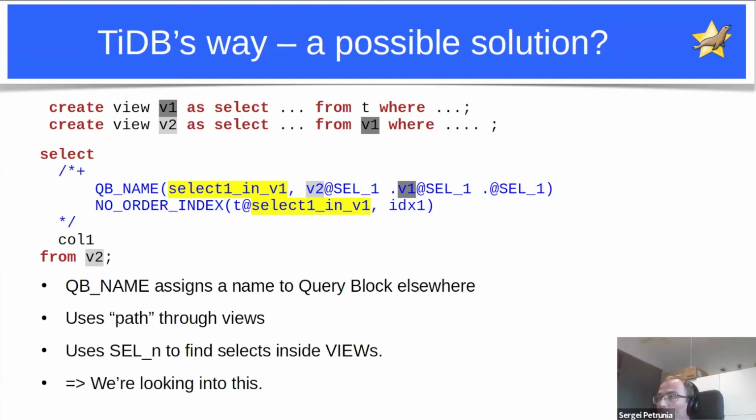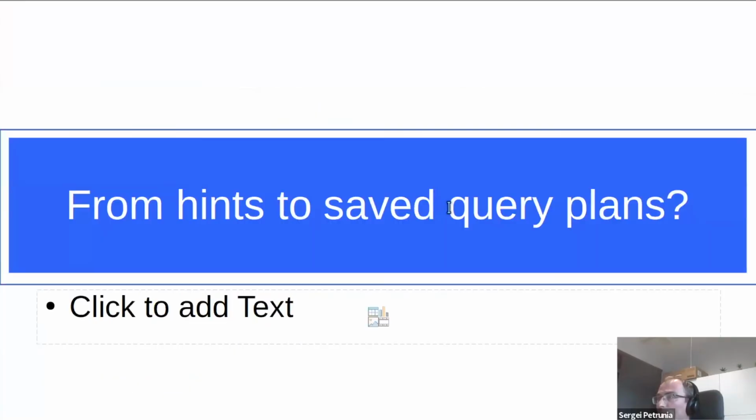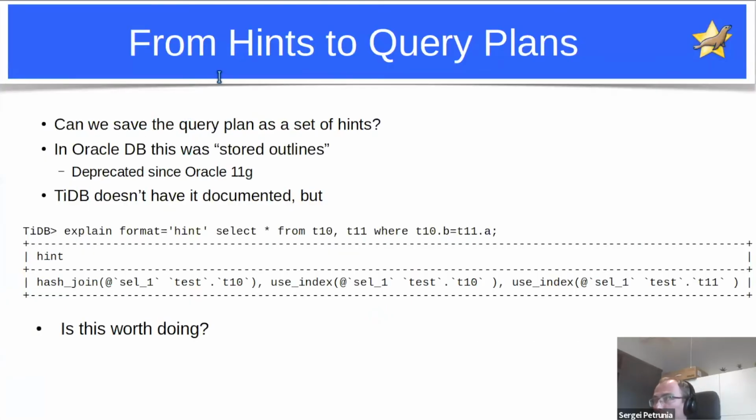Another further direction. Can we use hints from saved query plans? We had this idea that if we produce a query plan, can we save the query plan as a set of hints?